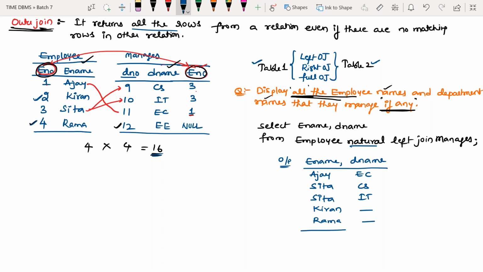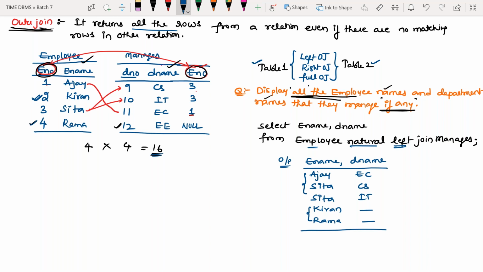So it is going to display the matching rows and also the non-matching rows of the left side relation, because it is a left join. Left side is employee, so it requires giving non-matching rows of the left side table also in the output, but non-matching rows of the right side not in the output. If I wanted non-matching rows of the right side, we have to use right join instead of left join.